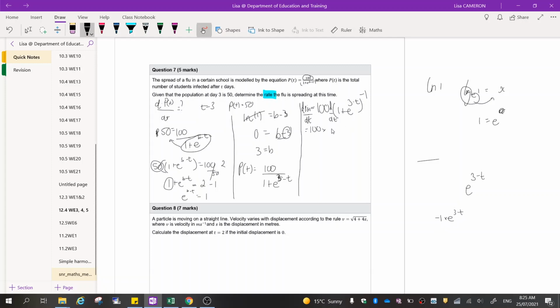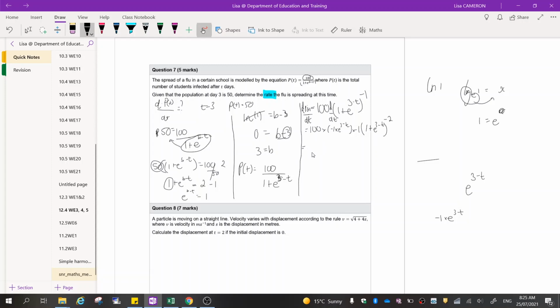That's multiplied by the derivative of the outside. This power is coming to the front, times negative 1 there, bracket. The power up here is going to decrease by 1, making it negative 2, and then what was in the bracket originally just goes back in.